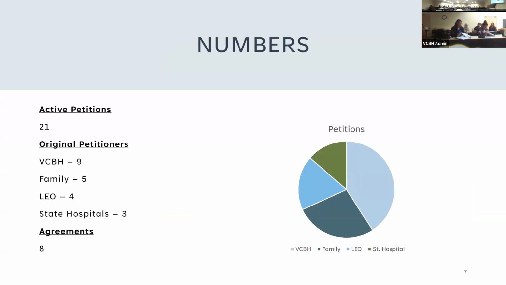So in terms of the numbers and how many petitions we have, currently we have 21 active petitions. Of those active cases, 9 petitions were filed by behavioral health, 5 by family members, 4 by law enforcement, and 3 by state hospitals. And so far, we have 8 agreements approved where the respondent has agreed to receive services.